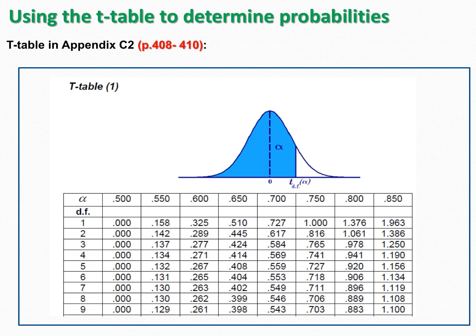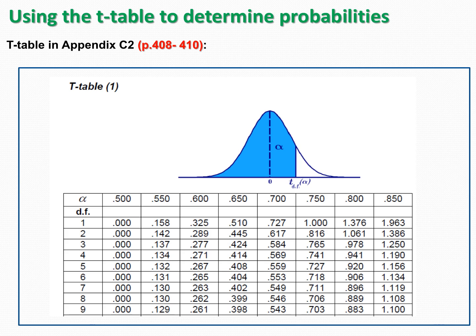So let's say, for example, we have a degrees of freedom of 5, and we want to determine the probability that t is less than 0.559. Then I have that critical value in my table, and I can then simply read off my probability value because it is to the left hand side, and that will give us a probability value of 0.700.